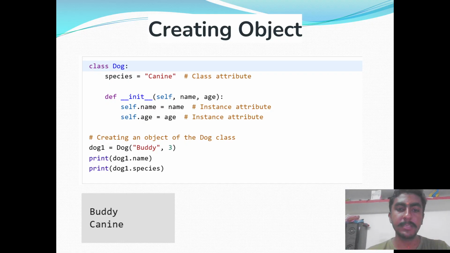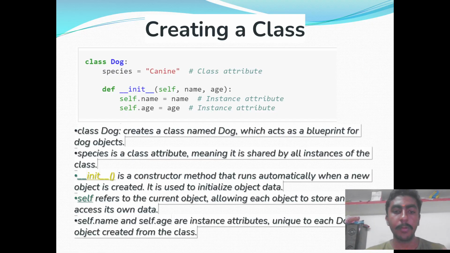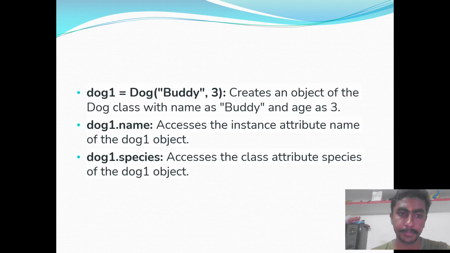Even though both objects belong to the same class, their instance attributes can be different. However, they both share the same attribute, which is species. Now let's see how to access object data.